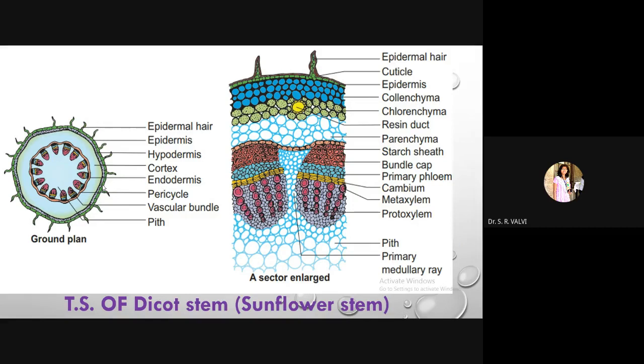Now next, coming towards the next layers below the epidermis. So here see, below the epidermis collenchyma is present. So collenchyma, okay. So collenchyma means what? These are rounded, thick walled cells which are arranged compactly, and somewhat oval, circular in shape. So this collenchyma again helps in giving strength. Okay, it helps in giving strength.